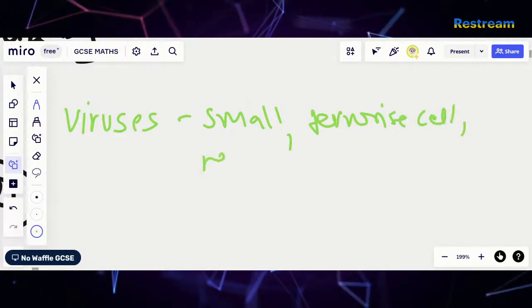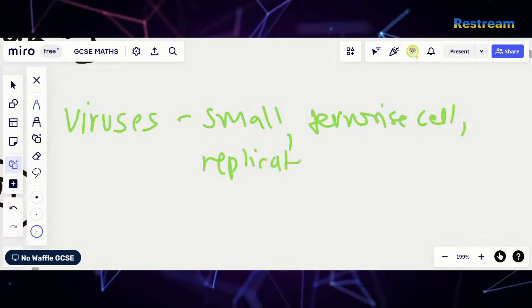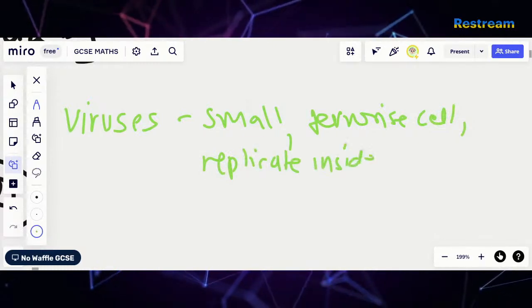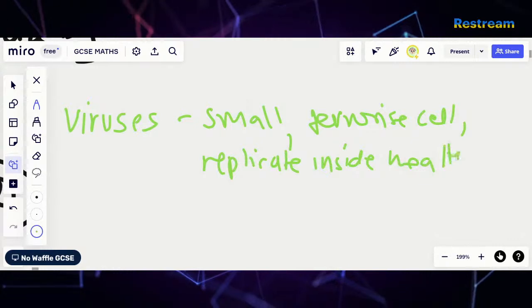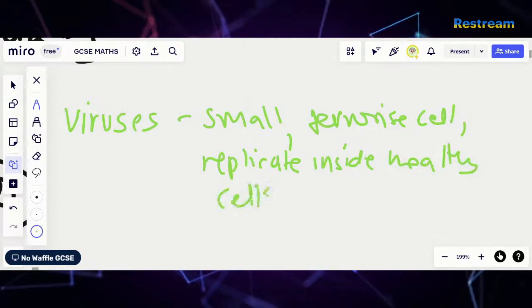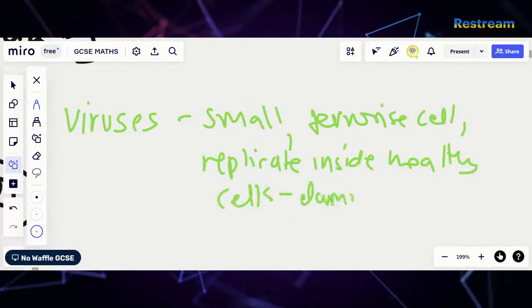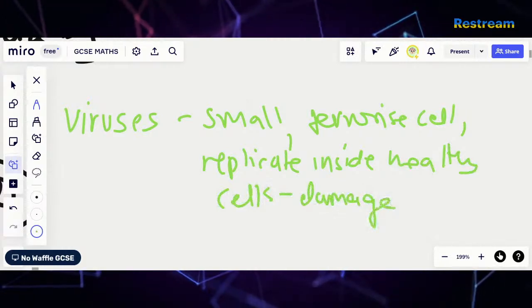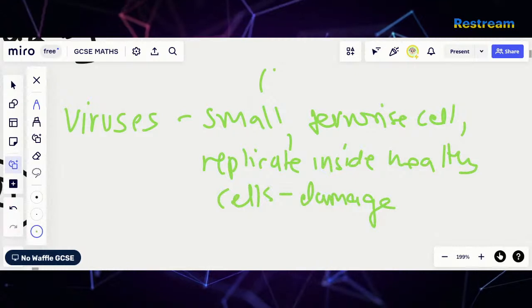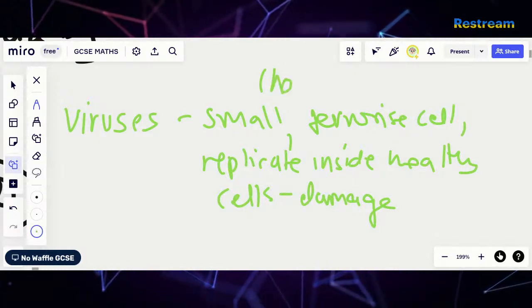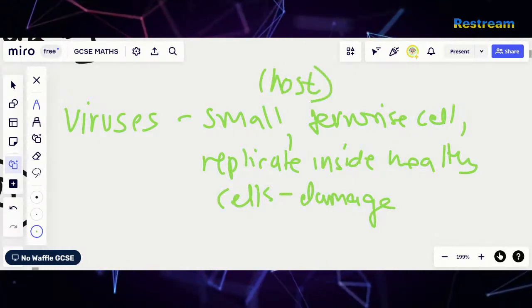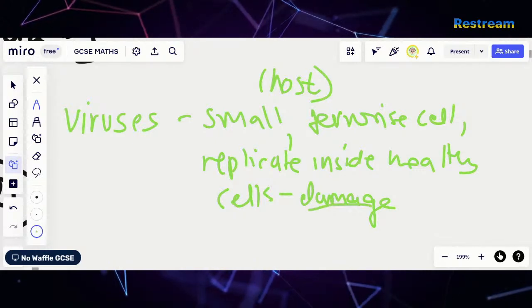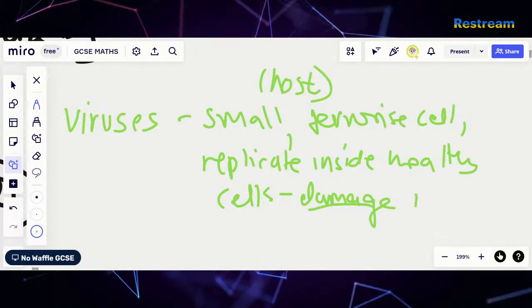So terrorize the cell, replicate inside healthy cells, which causes damage. So viruses become a host. They use host cells to replicate. And the damage of the cells makes the person feel ill.